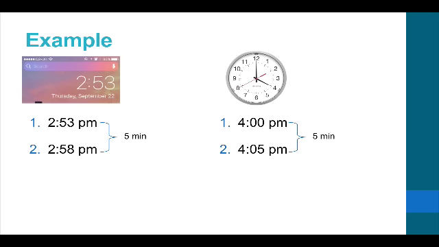Let's see if this pattern continues though. So if you were to look at your smartphone a third time, you might see that it says it's 3:08 p.m. You might also see that the clock on the wall says it's 4:15. Now in this case, what you're seeing is that both your smartphone and the clock on the wall are saying that 10 minutes have passed.